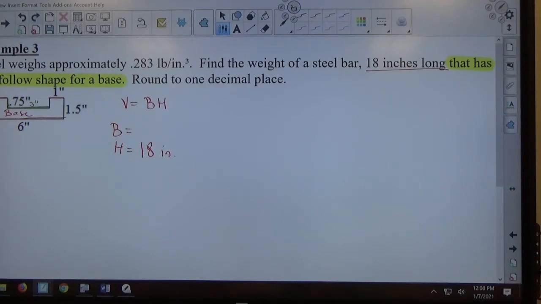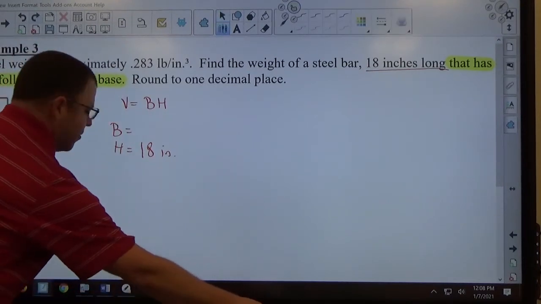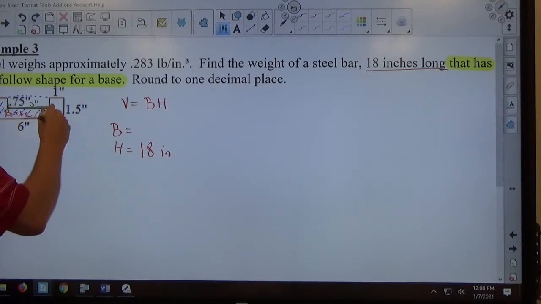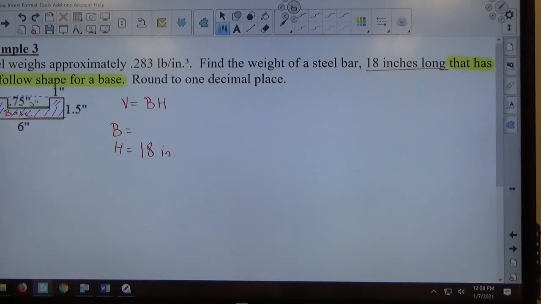So if we look at the area of the base, I would go with the big rectangle minus the small rectangle. So just imagine if we have a dashed line going across here like so. We're trying to find the area of this portion of it, right? So, the area of the base, it's going to be 6 times 1.5, because the entire shape is a rectangle, length times width.